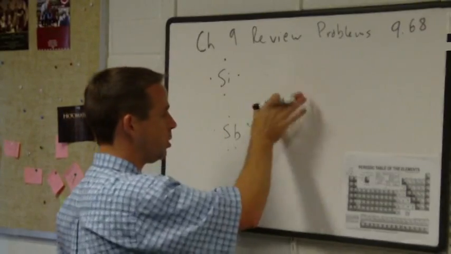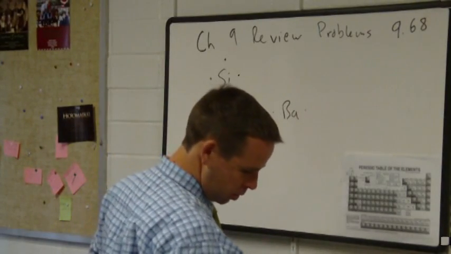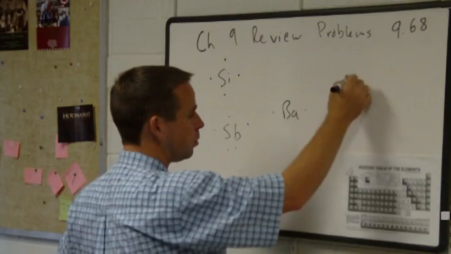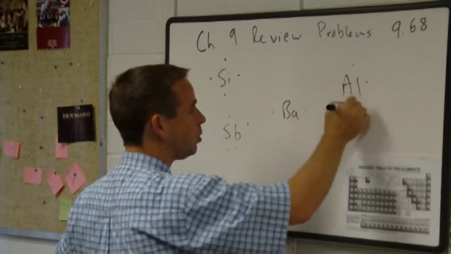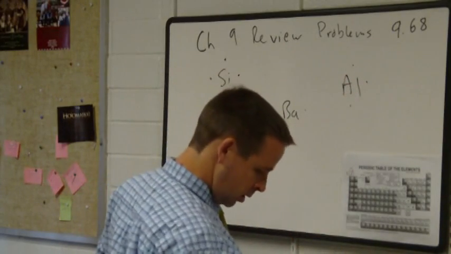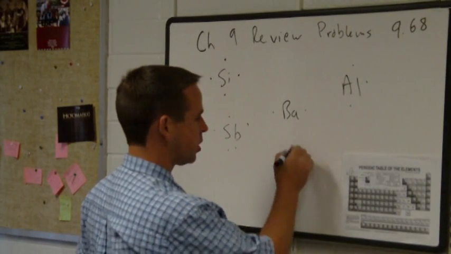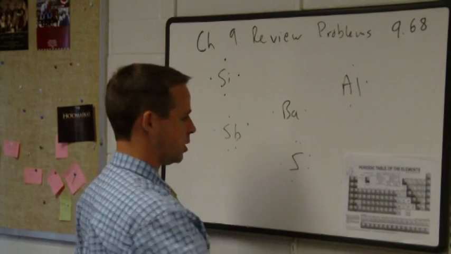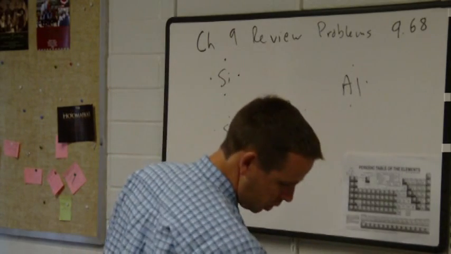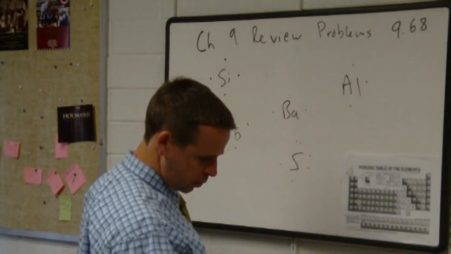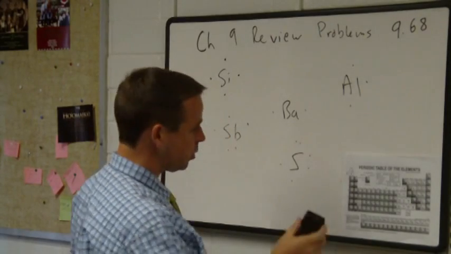It could be up here, doesn't matter. Just 2 electrons though. Aluminum 3, 1, 2, 3. All right. Sulfur 6, 1, 2, 3, 4, 5, 6. Okay. So those are the Lewis symbols for those elements.